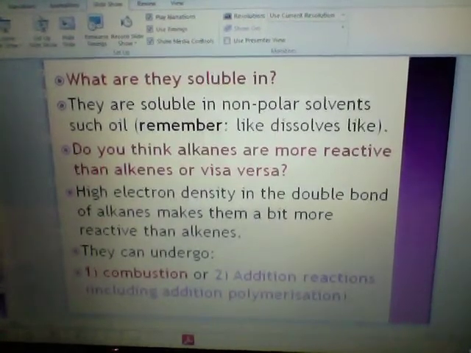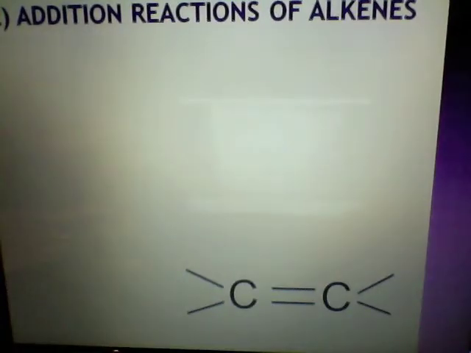So let's talk about the addition reaction of alkenes. Okay, we saw an example of this when bromine reacted with ethene, or with cyclohexane. Okay, so let's have a look at what happens, and this is quite complicated, so listen up.